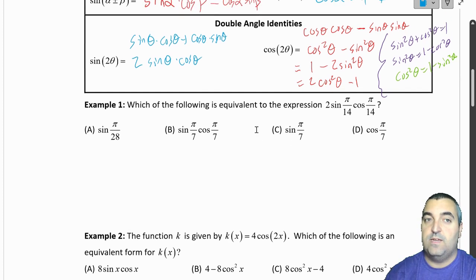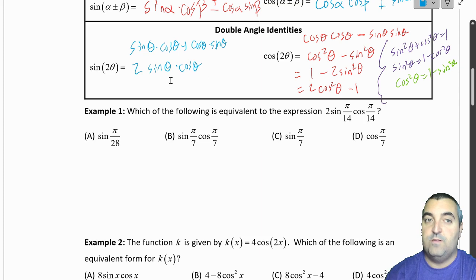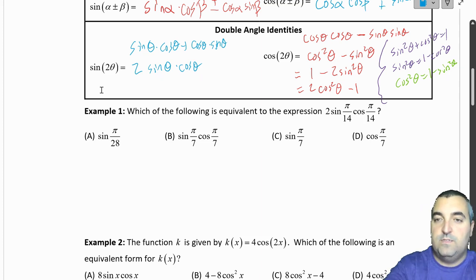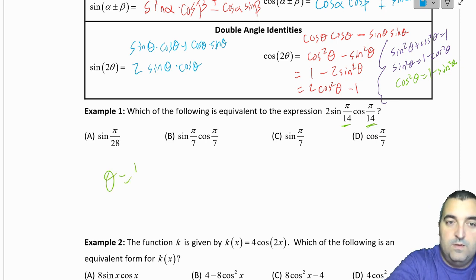The thing to notice here is it's following the pattern of the double angle of sine. So it's 2 sine of theta times cosine theta, which means theta equals pi 14ths, and this is telling me it's really sine of 2 times theta, which means it's sine of 2 times pi 14ths.